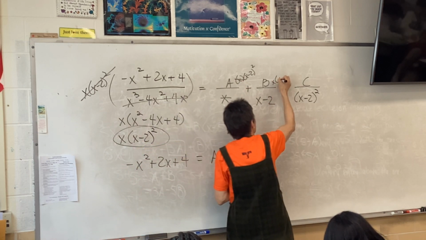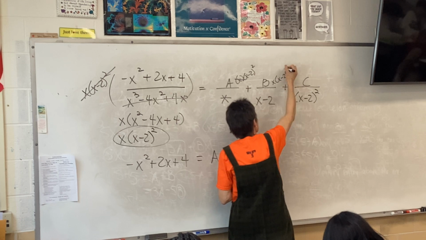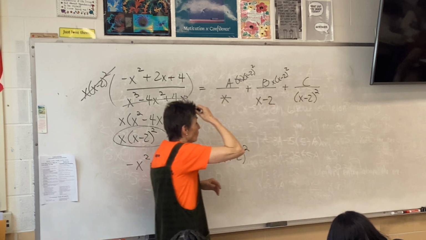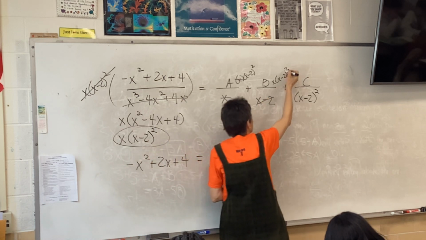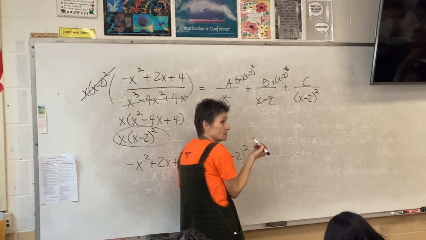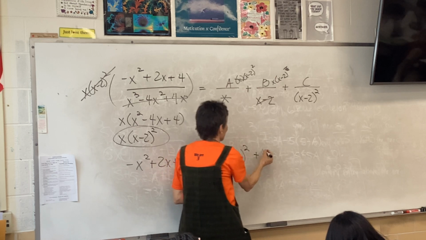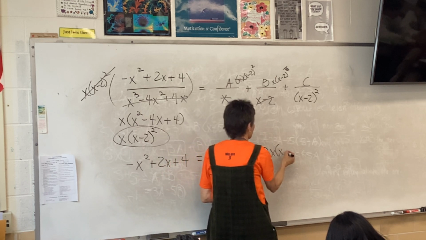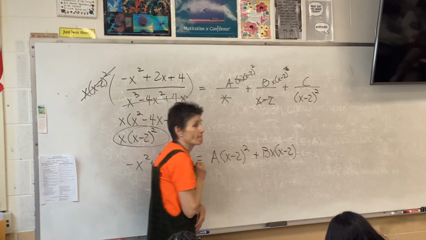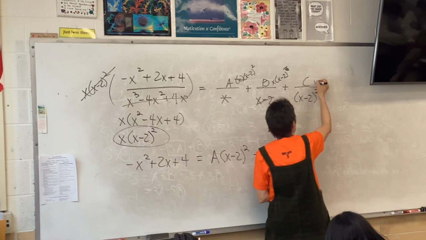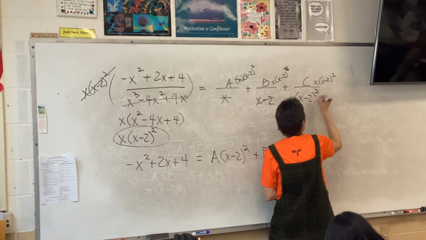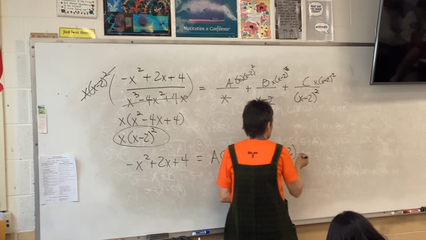I'm multiplying by x times x minus 2 squared. Okay, what's going to happen there? What's going to cancel? One of the x minus 2's is going to cancel. So I'll have bx, x minus 2. Multiplying by x and x minus 2 squared, what's going to happen here? Just cx.